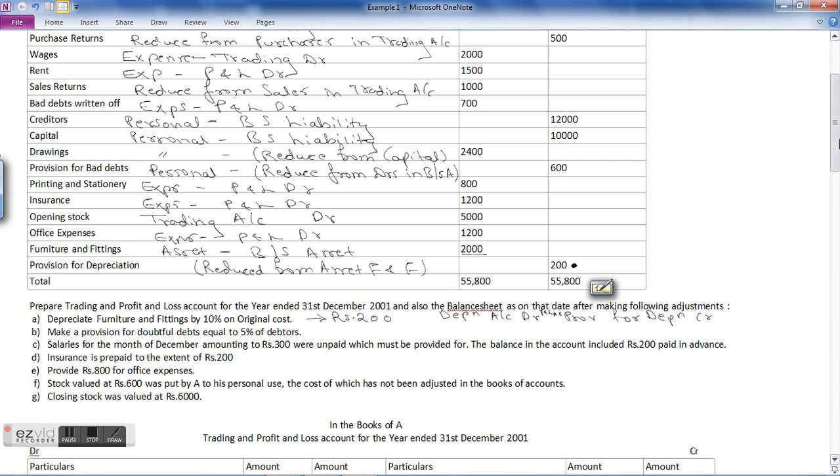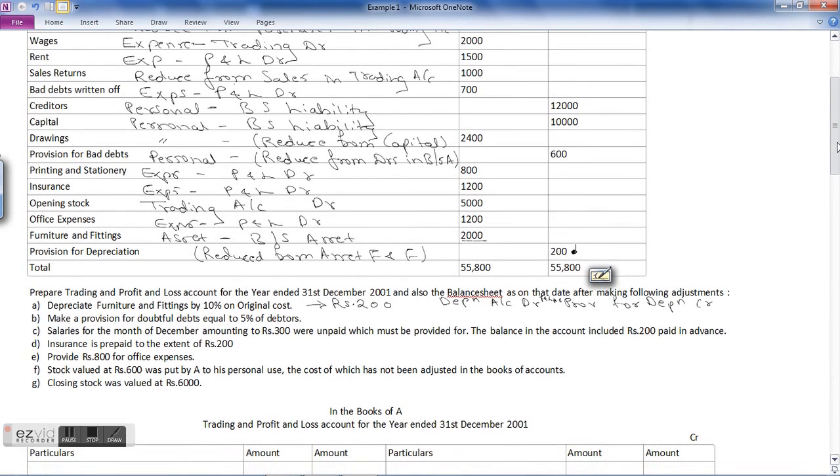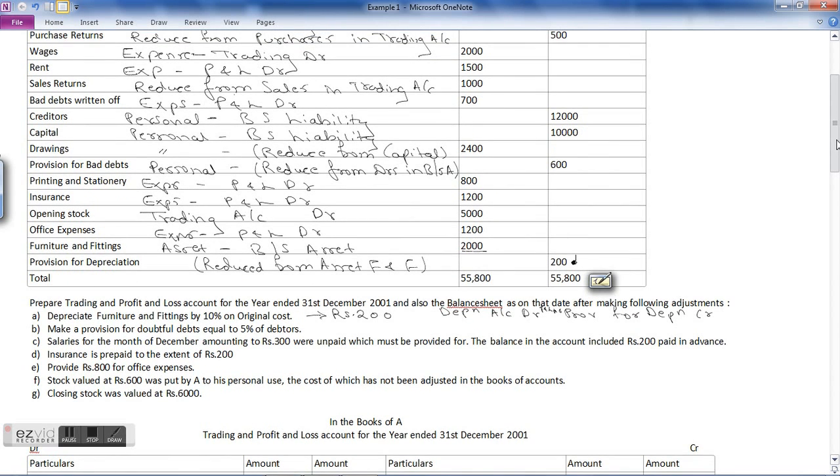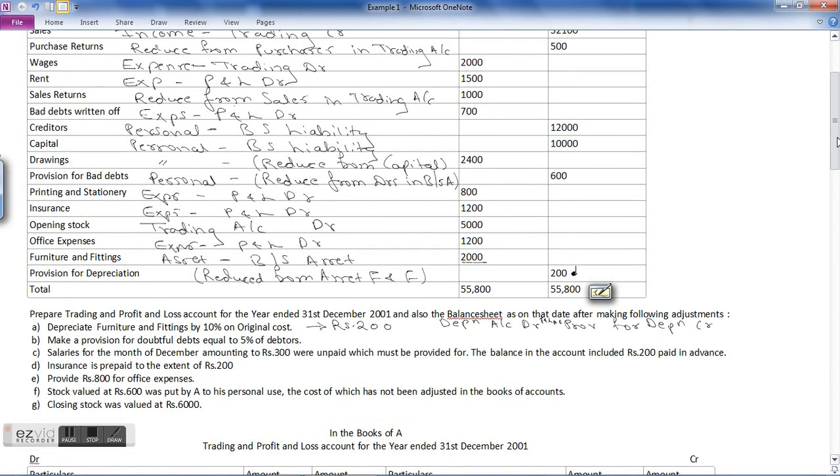Next, make a provision for doubtful debts equal to 5% of the debtors. There is already some provision for doubtful debt. How much is that? Provision for doubtful debts is given as 600.